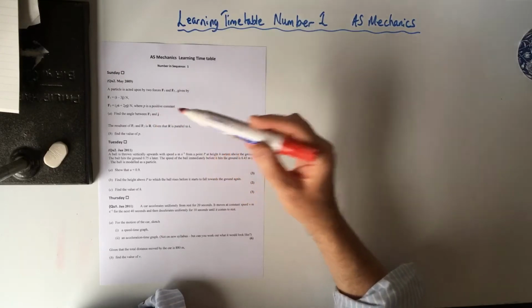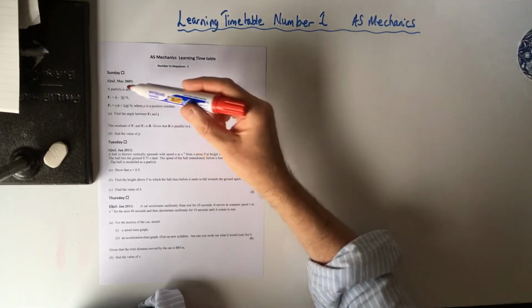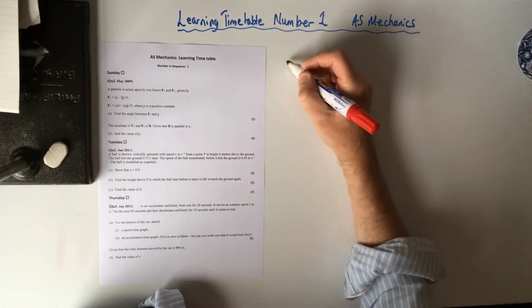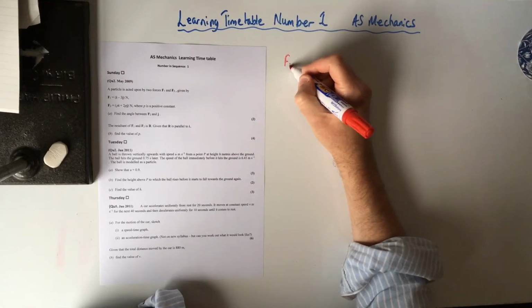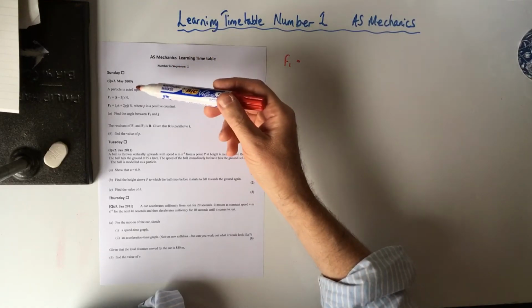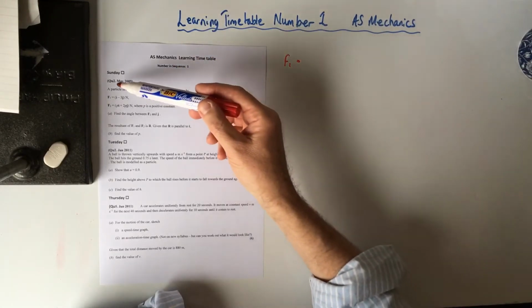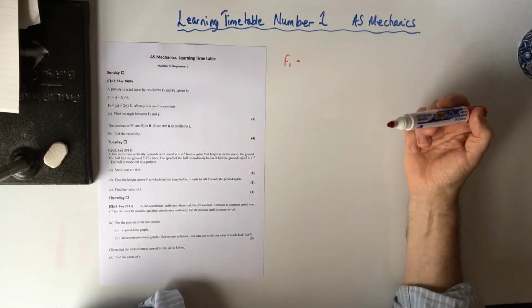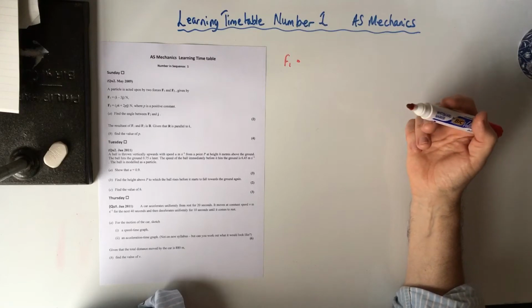The first one, you've got the sheet that you can download, is that a particle is acted on by two forces. By the way, for anyone else watching these videos, the reference here, question 2, May 2009, is from the Edexcel M1 paper.